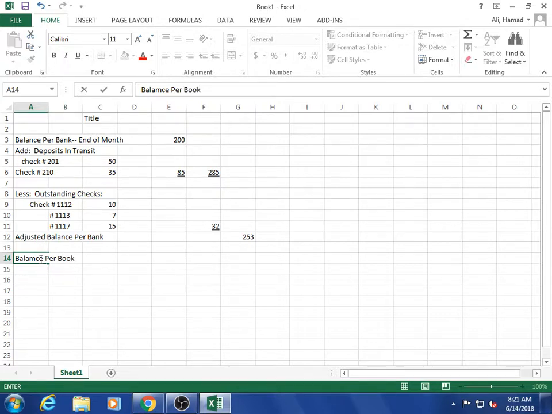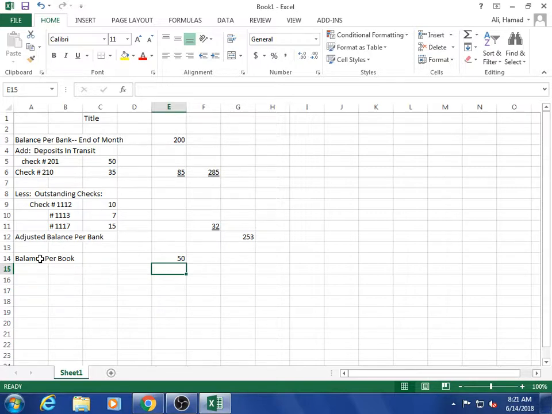Let's assume that you have $50. Now where do you get this balance from? From all your transactions, from your cash journal. Remember when we did the general ledger, you have the cash account.